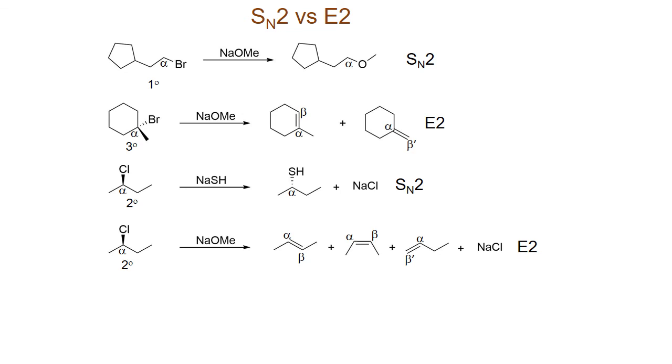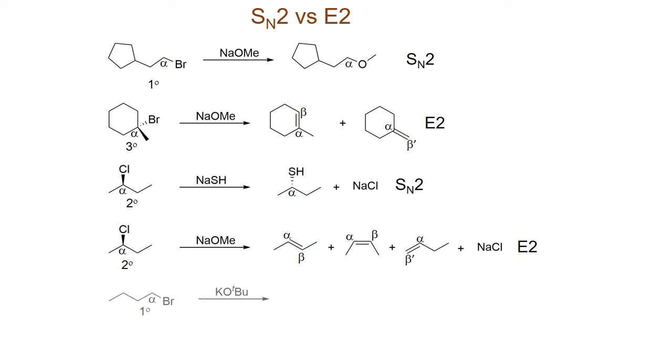The second reaction here would undergo E2 again, because sodium methoxide is a strong base and a strong nucleophile, and secondary alkyl chlorides have a higher preference to undergo E2 reactions.